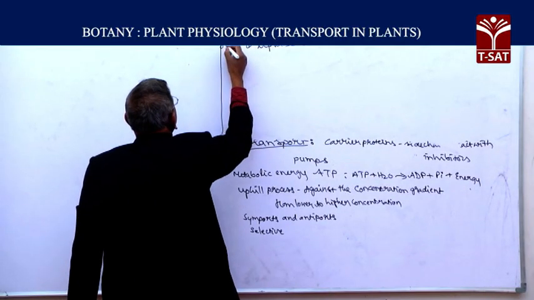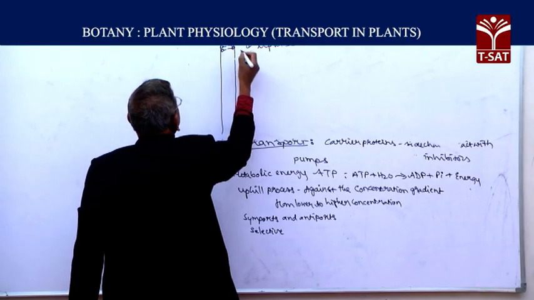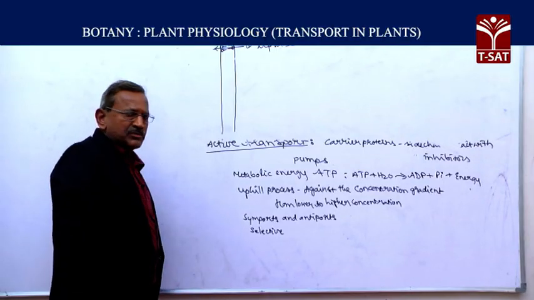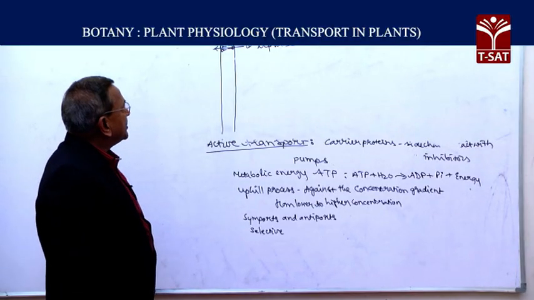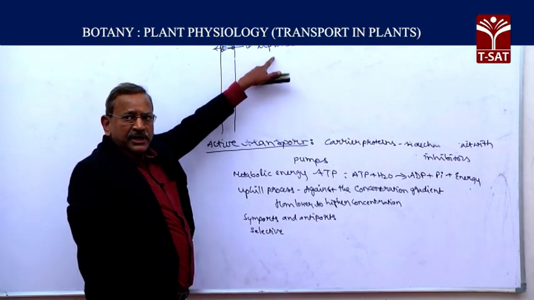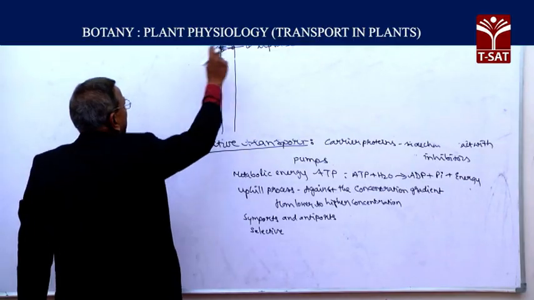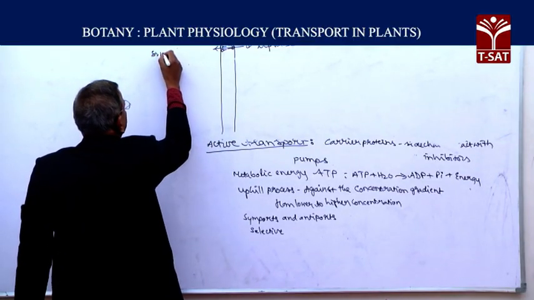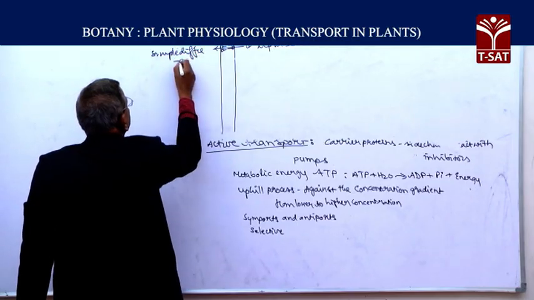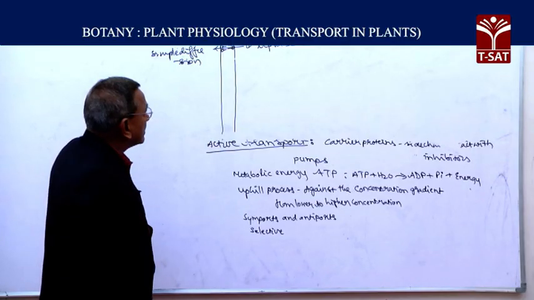They simply diffuse through the lipid part of the membrane. So these are the substances to be transported across the membrane into the living plant cell, and the process will be simple diffusion.